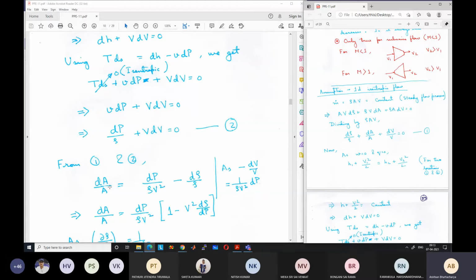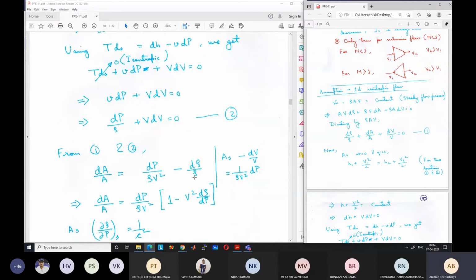So we will have dA by A plus d rho by rho minus dP by rho V square. If you take them to the other side, you have dA by A equal to dP by rho V square minus d rho by rho, just rearranging the terms. We have eliminated this dV. Later, we will see that we will eliminate the d rho term and the dP terms also.